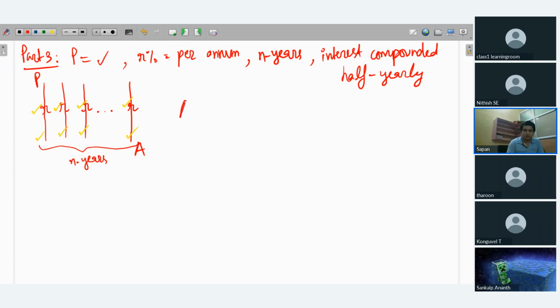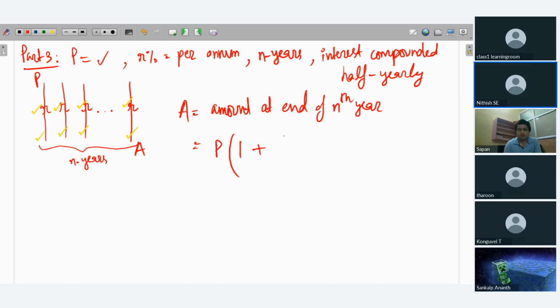So the amount at the end of nth year is equal to principal into 1 plus R by 2 divided by 100, the whole power n into 2.